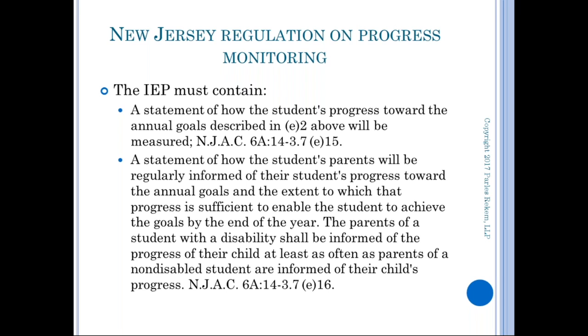They shall also be informed of the progress of their child at least as often as the parents of non-disabled children are informed of their child's progress. So generally you'll see that when the general education report cards come out, that's when the progress reports will come out as well.